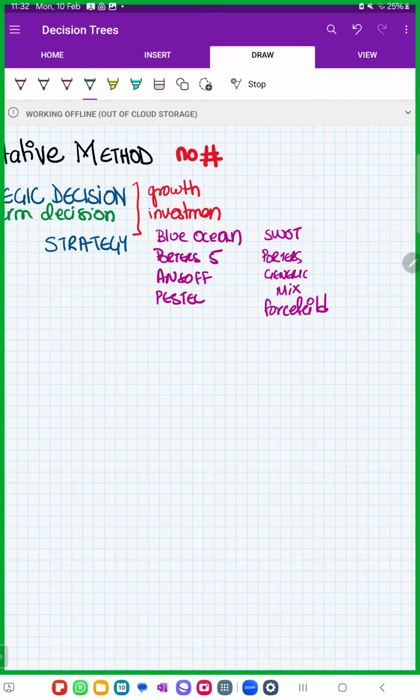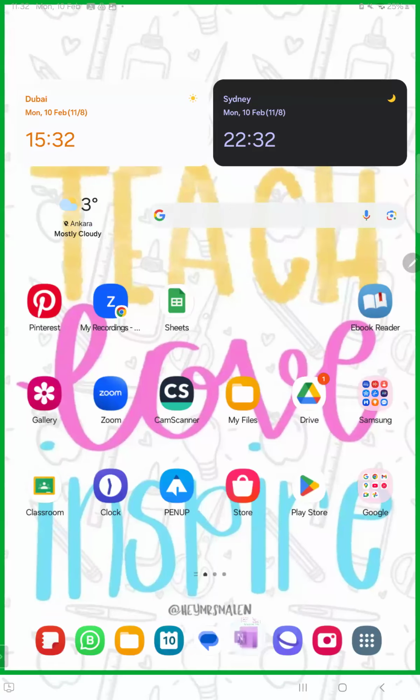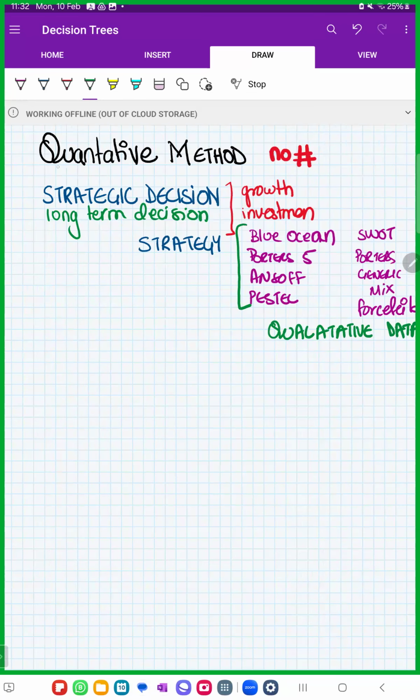Now, all of these don't involve numbers. They're mostly based on qualitative research. But the one that we're about to do is a quantitative method of research.